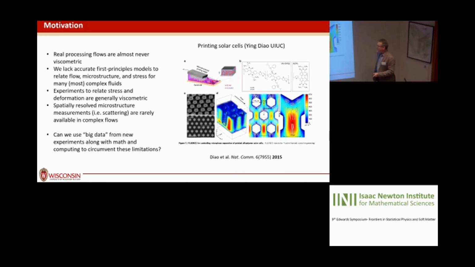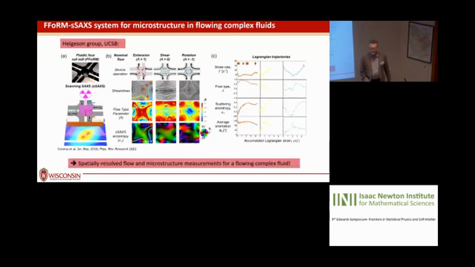Okay. So the question that I'll try to start answering here is, can we use big data from new experiments along with math and computing, some machine learning and optimization to circumvent some of these limitations? So that's going to be the overall topic of my talk.